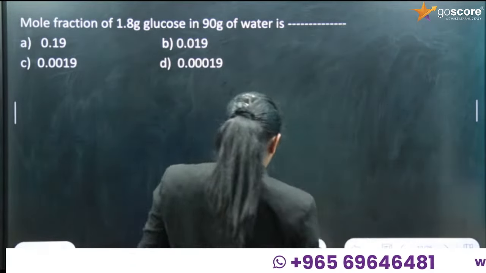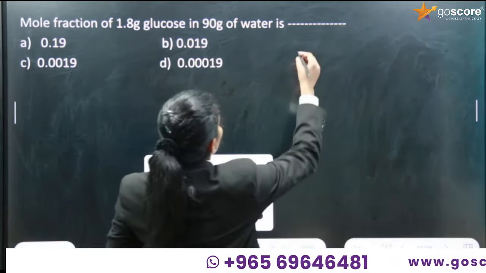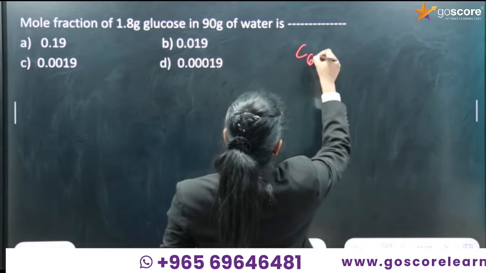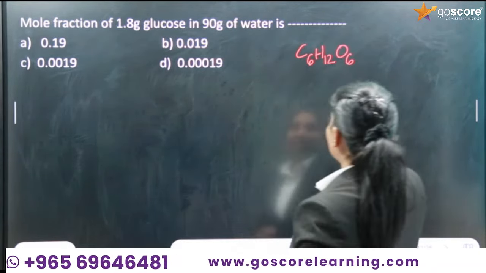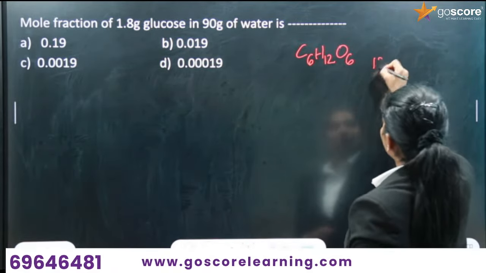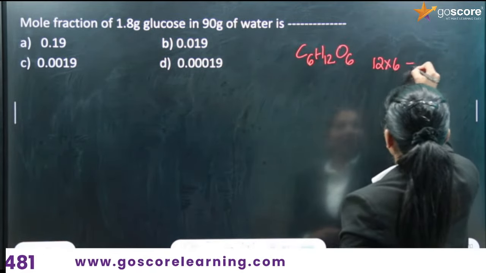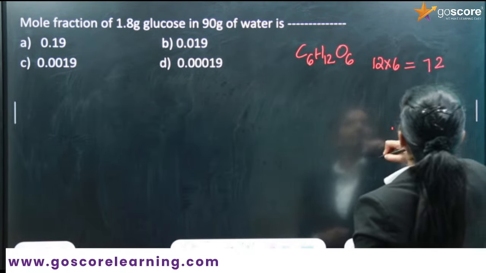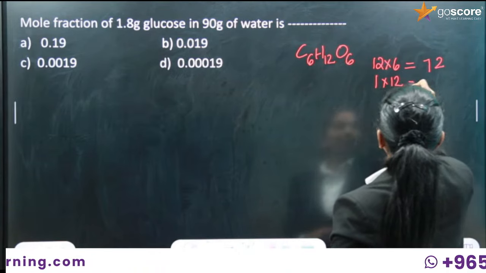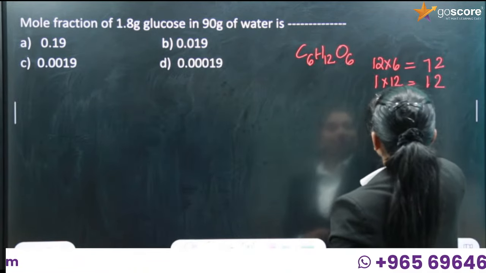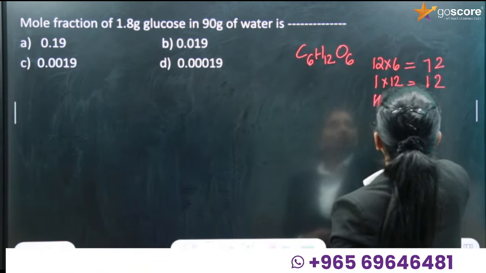Okay, see, what is the formula for glucose? It is C6H12O6. So what will be the molar mass? Carbon 12 into 6, hydrogen 1 into 12, that is 12, and oxygen 16 into 6.